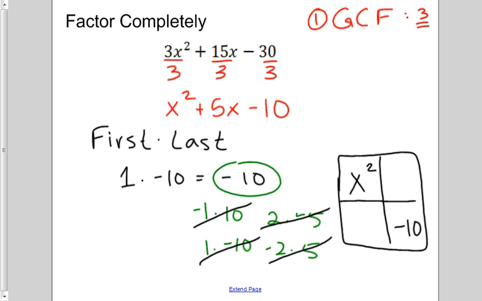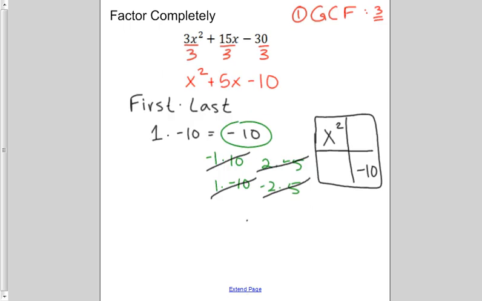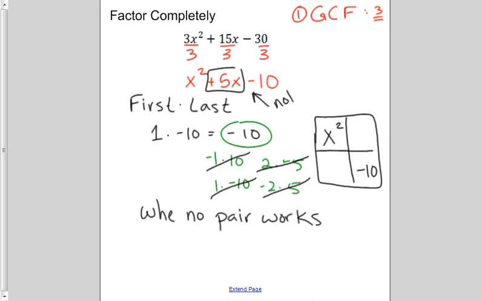So when nothing works, in other words, you can't find a pair that adds to that middle number, then we say that trinomial is unfactorable. It's prime. So we can't go any further.